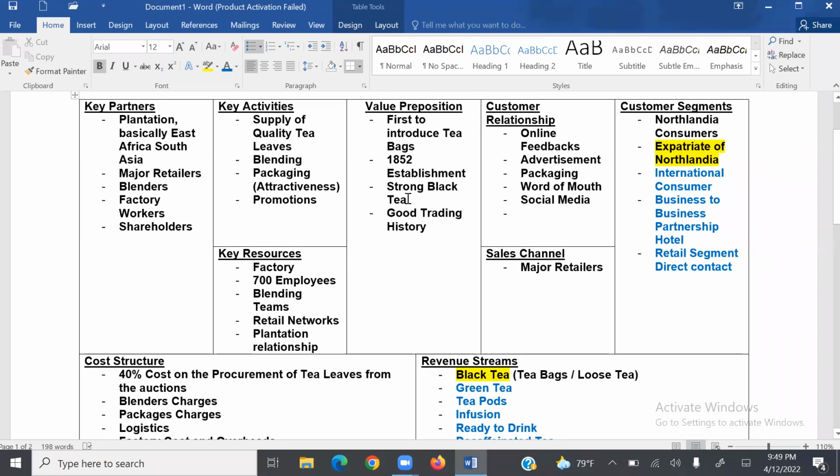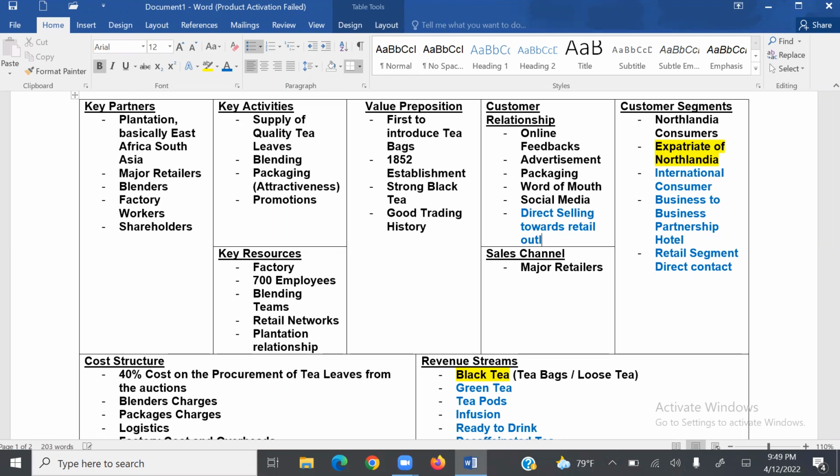So coming into the customer relationship, what we can generally focus on here is direct selling. Correct, Monica? Direct selling, websites, sir. Direct selling towards retail. Currently we are wholesalers, but we can go for direct selling towards retail outlets.